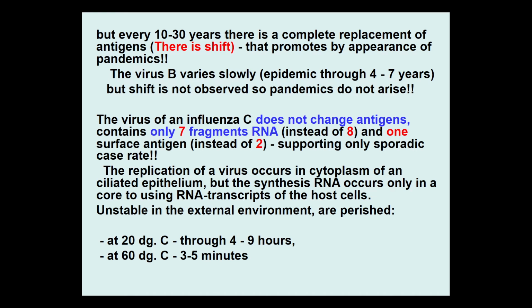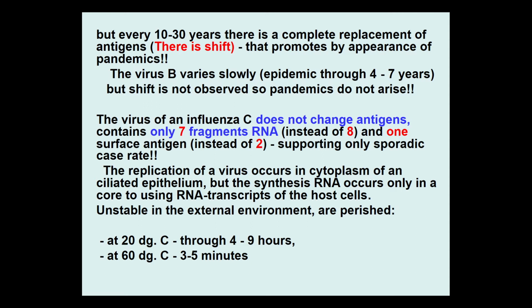The virus of influenza C does not change antigens, contains only 7 RNA fragments instead of 8 and 1 surface antigen instead of 2, supporting only a sporadic case rate. The replication of the virus occurs in the cytoplasm of ciliated epithelium, but the synthesis of RNA occurs only in the core, using the RNA transcript of the host cells.